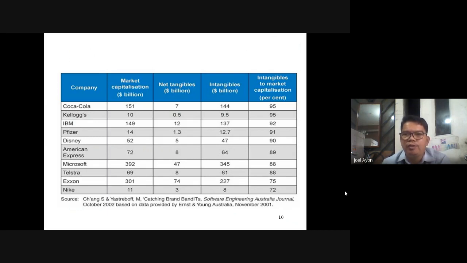So intangibles to market capitalization by percent, for example, in Coca-Cola is 95%. So to conclude, intangible assets have much higher value compared to the tangible assets or properties.